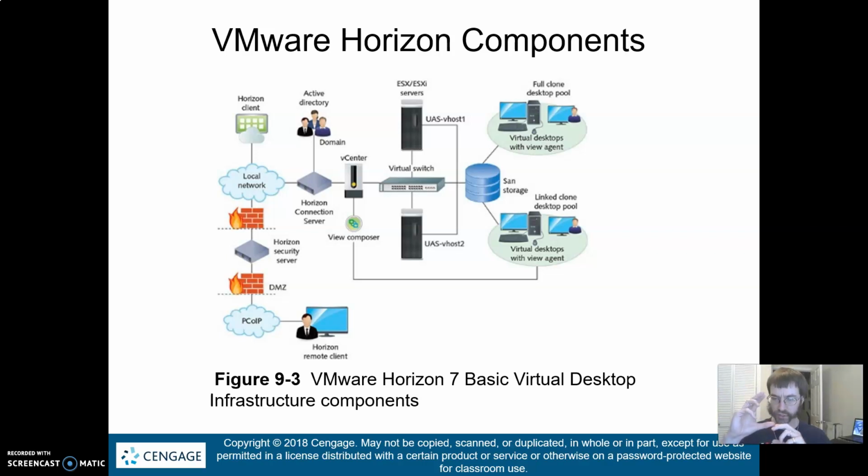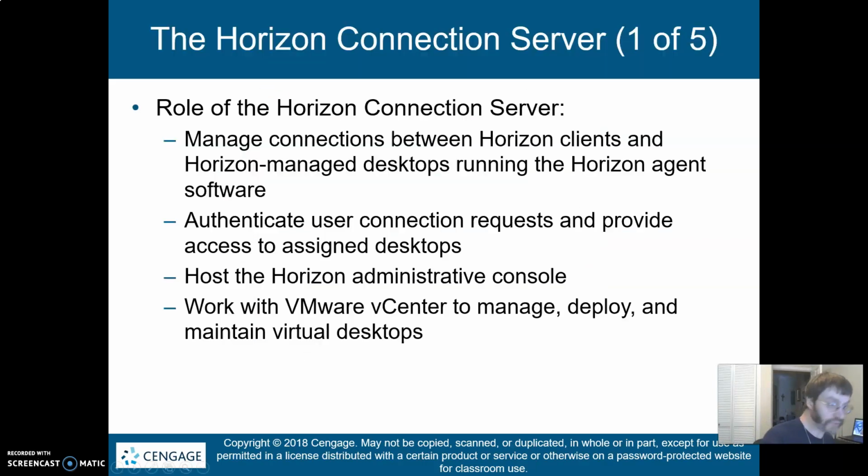The Horizon connection server is the linchpin of that Horizon architecture, like your vCenter server is the linchpin of your virtual data center architecture. Anyway, let's talk about the role of that connection server.